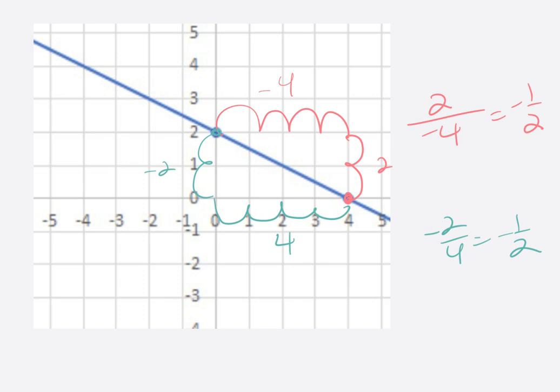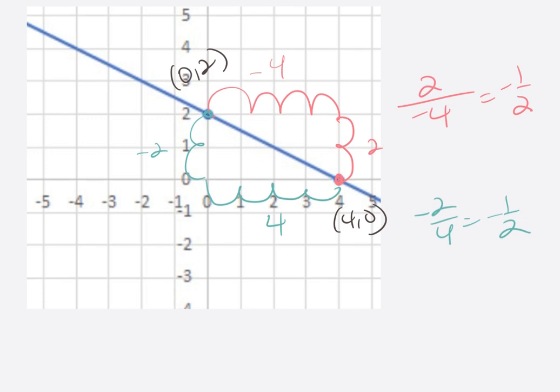The second way it said to do it was using the coordinate points. So this would have been 0, 2. This would have been 4, 0. And I would do y2 minus y1 over x2 minus x1. Doesn't matter which ones are the 1s or the 2s as long as you're consistent.